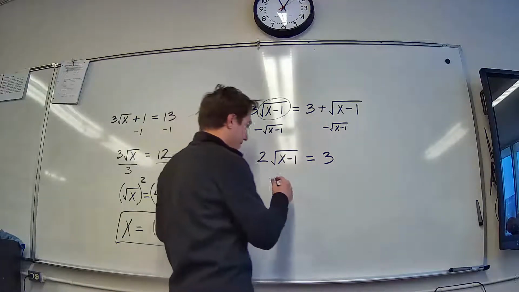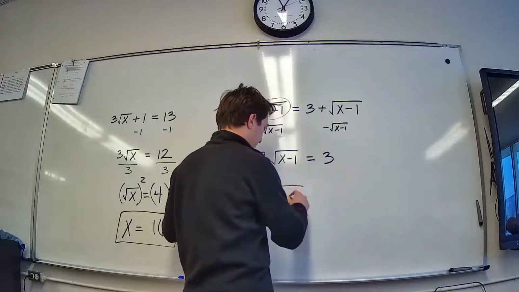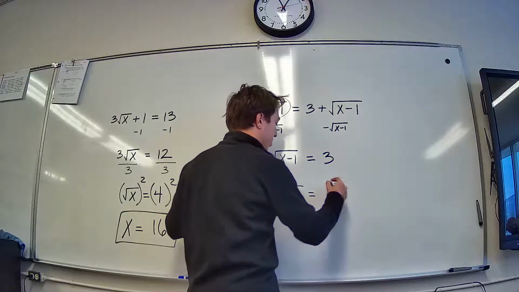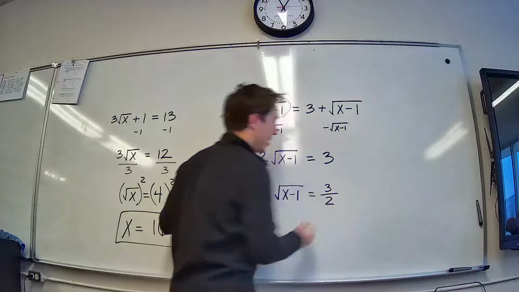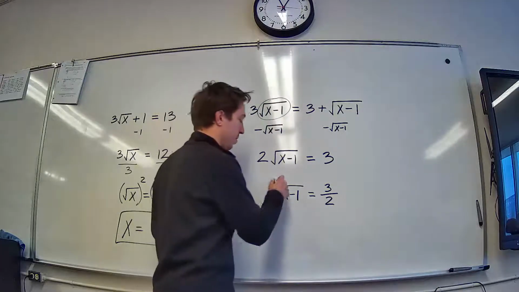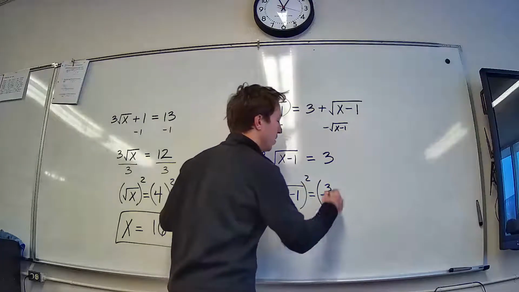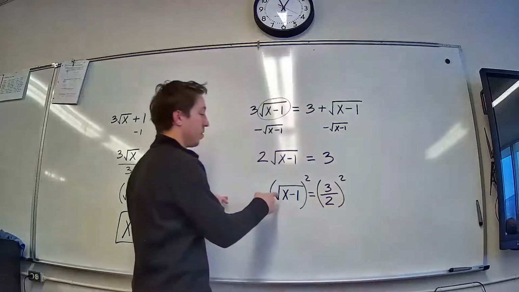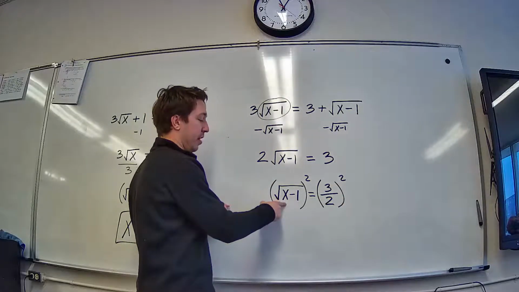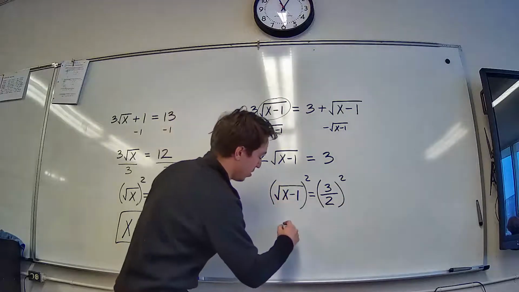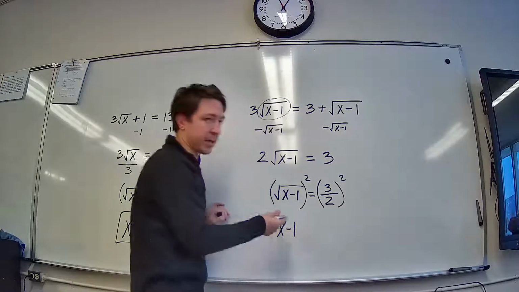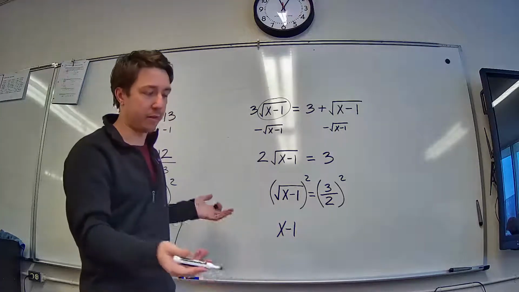Then what? Divide both sides by 2. Then what? Then you square. The square root of a thing squared will just be that thing, assuming that it's non-negative, of course.